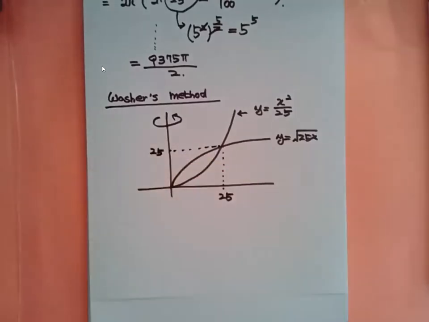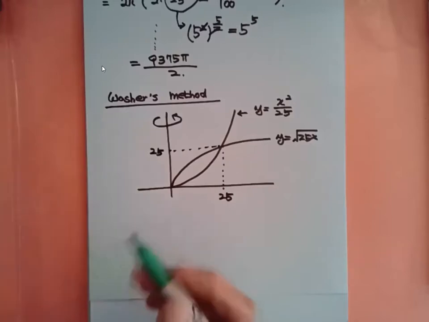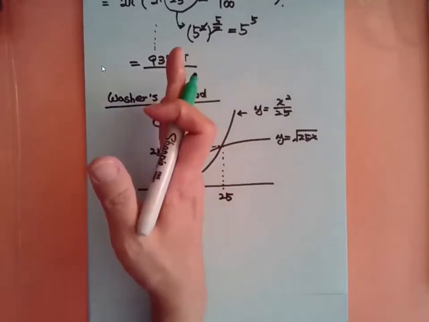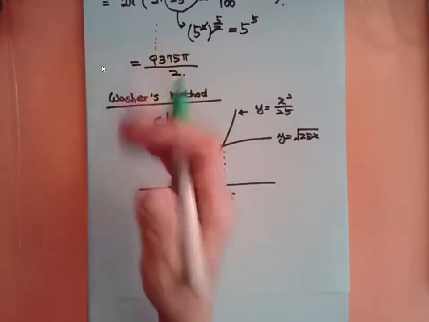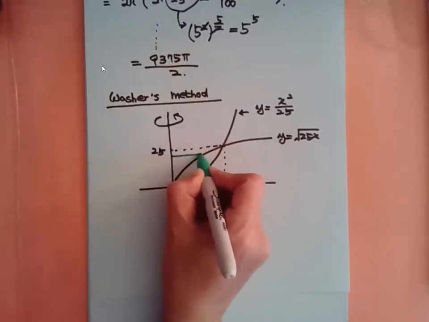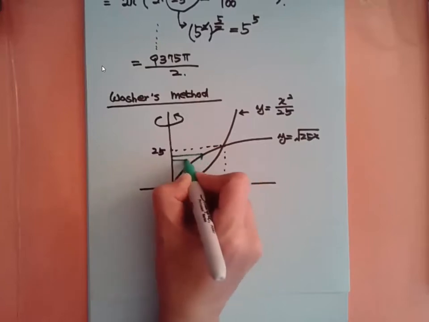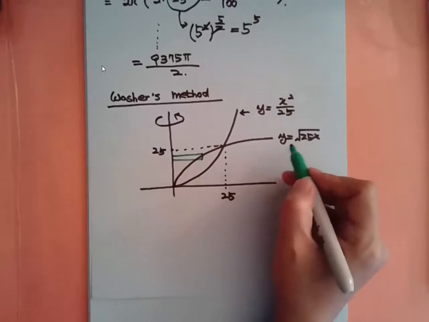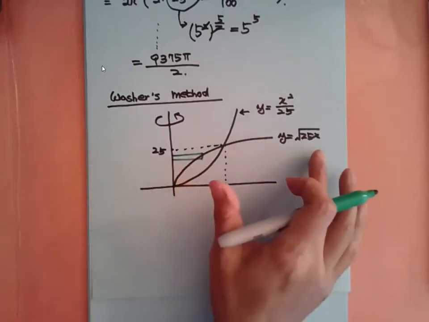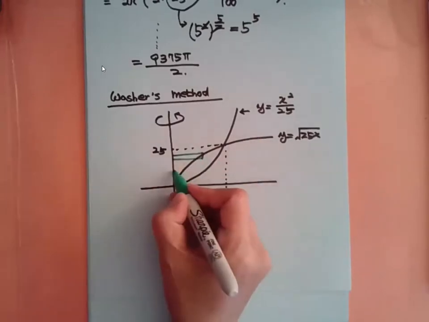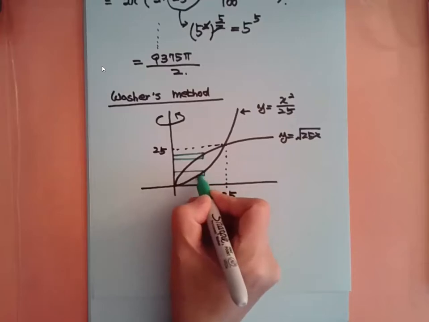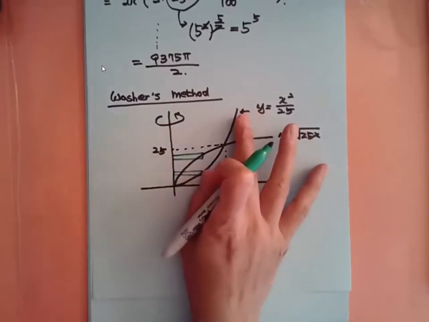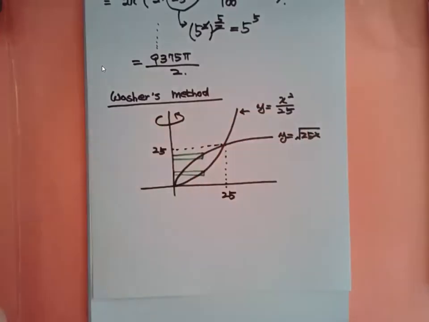This time we are using the washer's method, so the sticks we draw will be perpendicular to this rotational axis, which means we have to draw horizontal sticks. This is for y equals this object, y equals square root of x, and another stick is for the rotation of the outer circle.